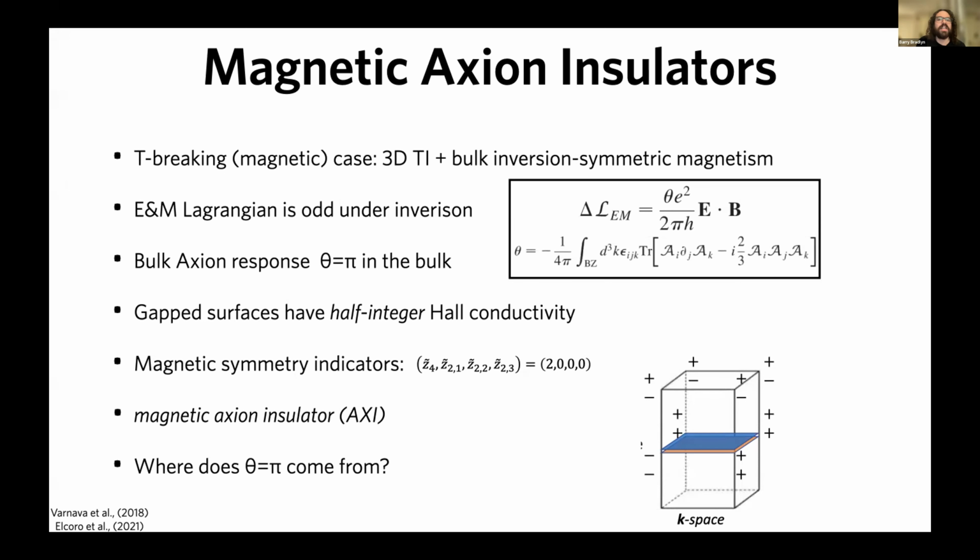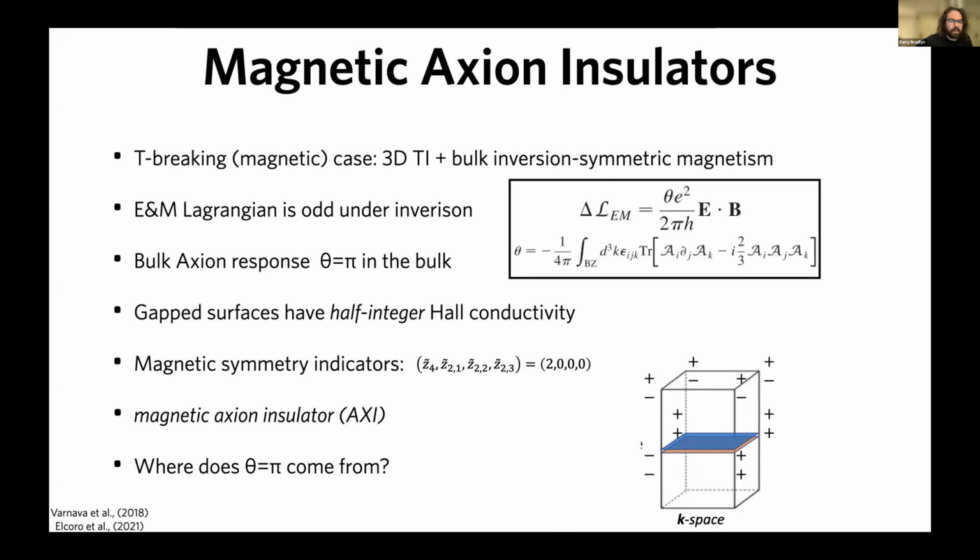So this 3D magnetic axion insulator still has theta equals pi in the bulk, but it has gapped surfaces now. There are no surface Dirac cones, which means from this electromagnetic Lagrangian, the gapped surfaces of this magnetic axion insulator have half integer Hall conductivity, something that you cannot get in an isolated gapped two-dimensional system.